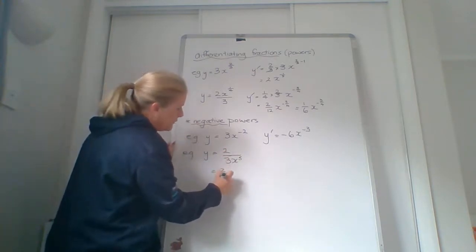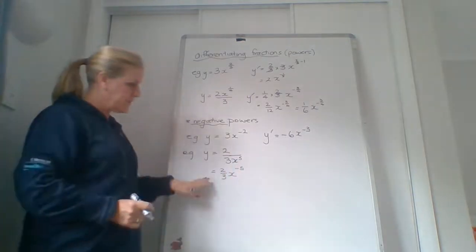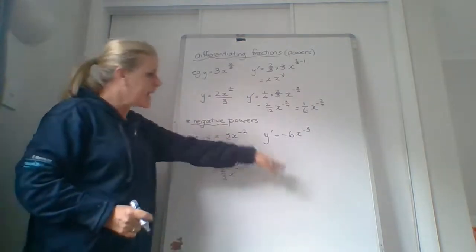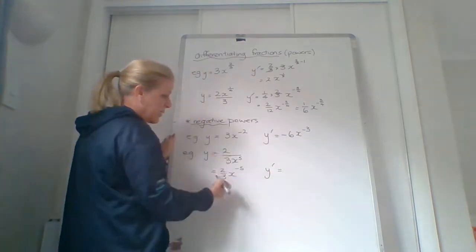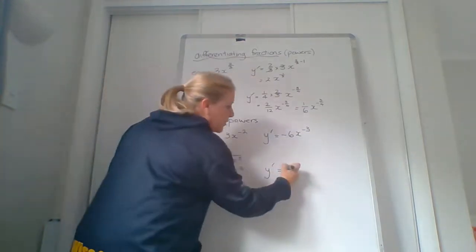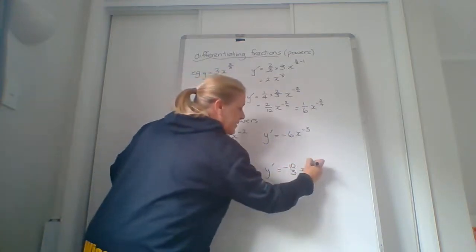So 2/3 x to the negative 5. Now we have y, now we differentiate. So y dash equals, take the power, multiply by it, negative 10 over 3. Decrease the power by 1, negative 6.